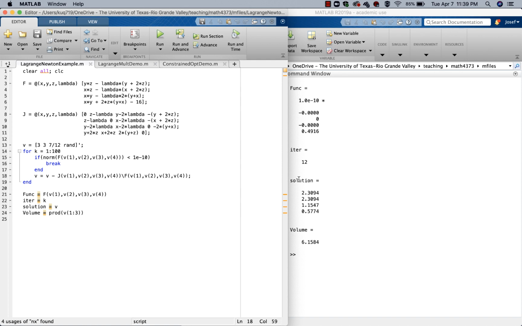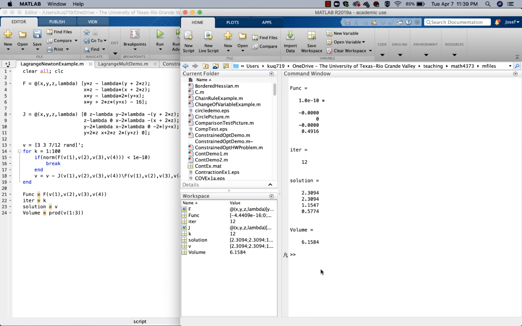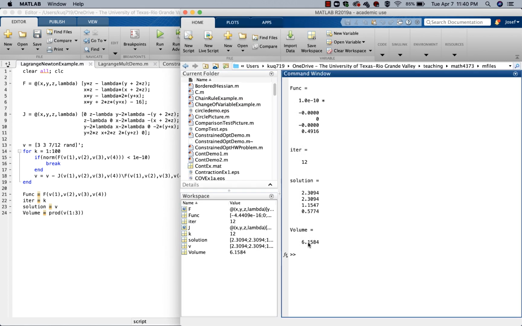So that's good. It took me 12 iterations, not bad. And the solution I got is this, which gives me a volume of 6.1584. So, 24 lines of code, I've got a solution. Not bad.